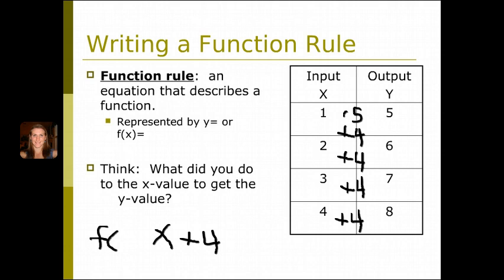F of x is just notation for function rule writing. So f of x also equals y. So again, you can write f of x equals x plus 4, or you could write y equals x plus 4. And that would be the function rule for this table.